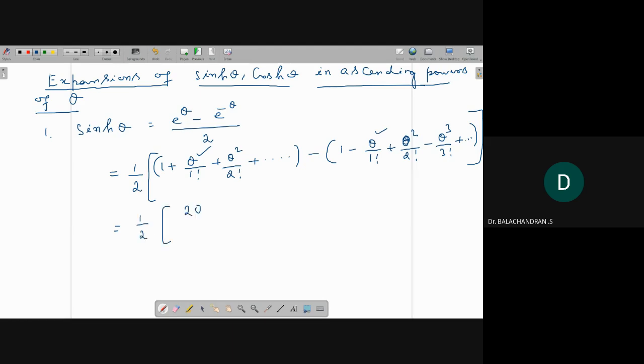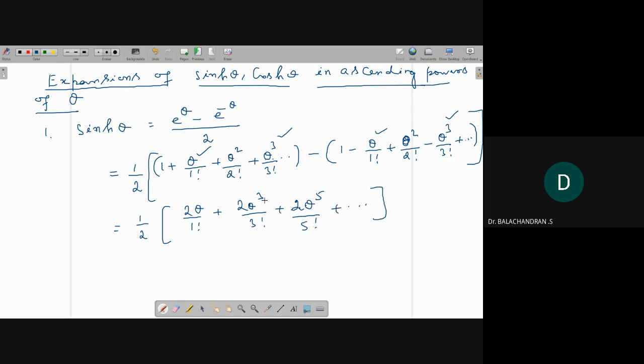Similarly, you have theta cube by 3 factorial plus theta cube by 3 factorial, so 2 theta cube divided by 3 factorial, plus so on. And one more term, theta power 5 by 5 factorial and so on.